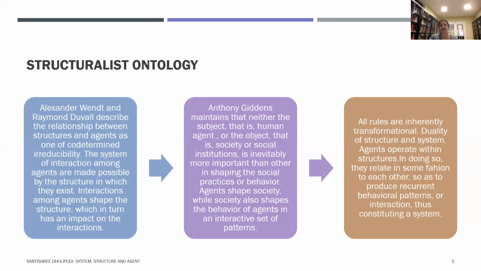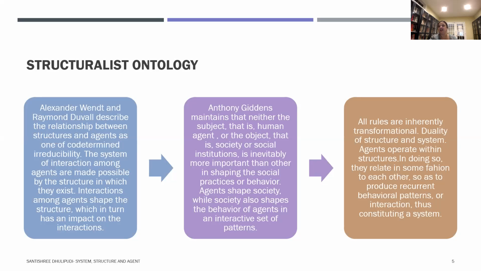Anthony Giddens maintains that neither the subject, that is the human agent, nor the object, that is society or social institutions, is inevitably more important than the other in shaping the social practices of behavior. Agents shape society, and society also shapes the behavior of agents in an interactive set of patterns.